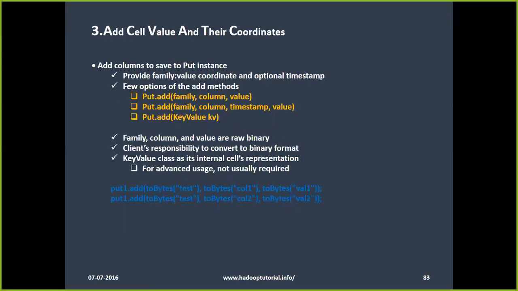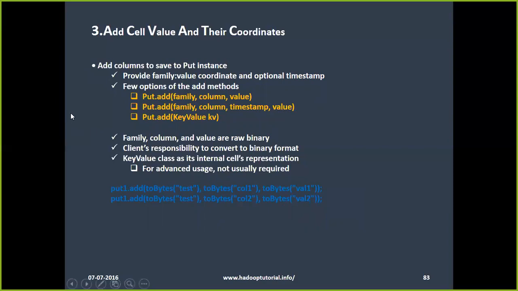Once you specify that row ID, your put object is ready, and for that row you should add each and every cell value. For example, let's say I have a test column family with two columns, column1 and column2.